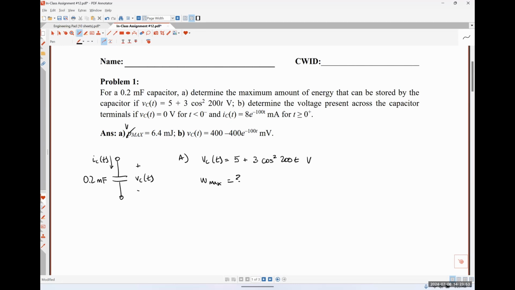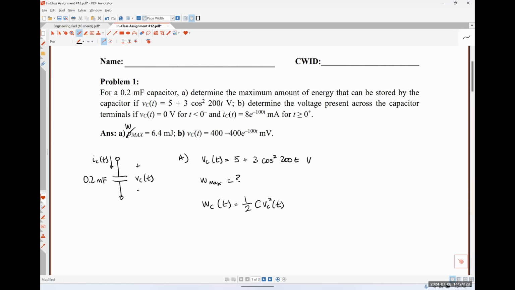Let me change that P to a W. So we know that the energy stored by a capacitor is equal to 1/2 C times the voltage drop across the capacitor squared.